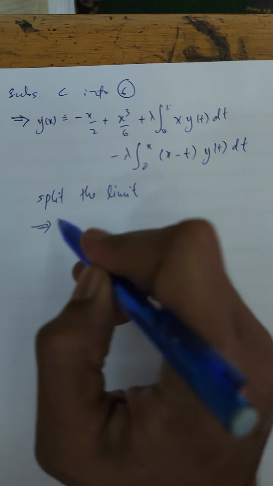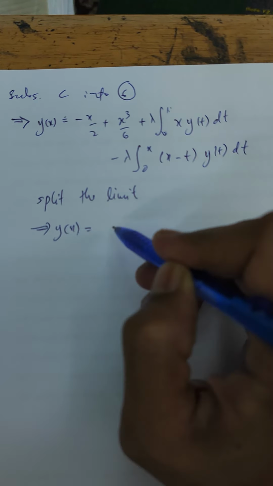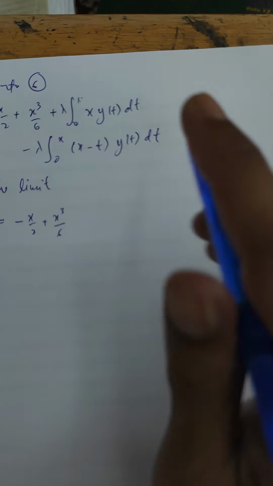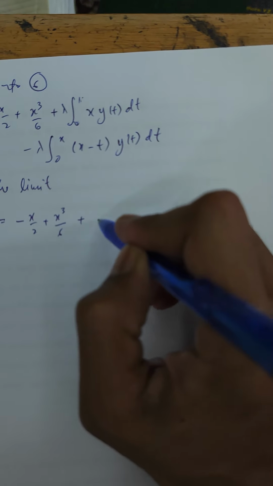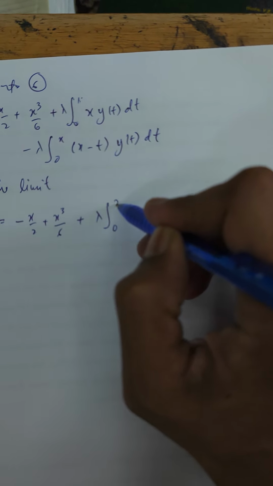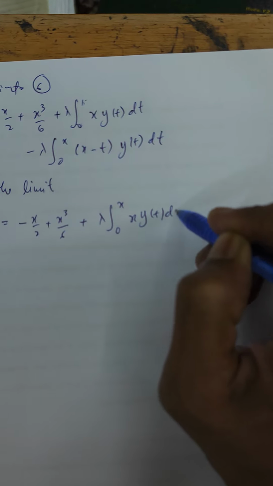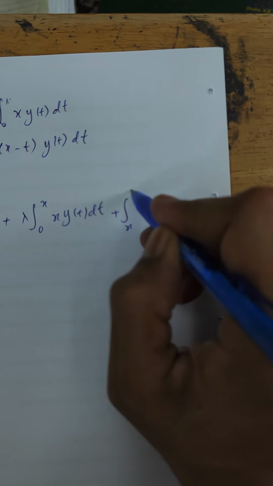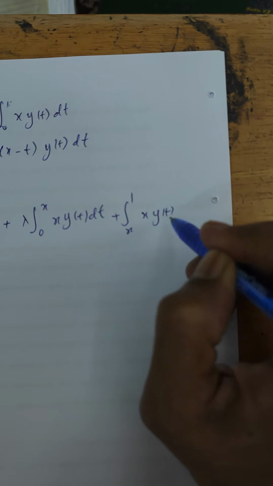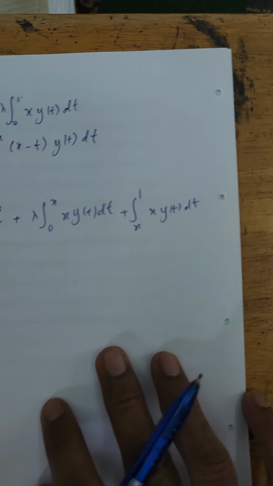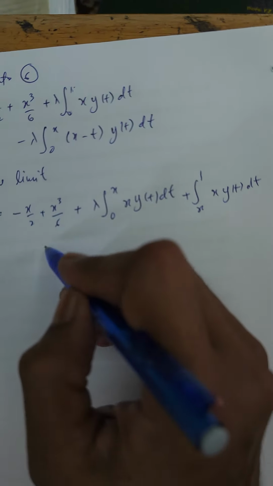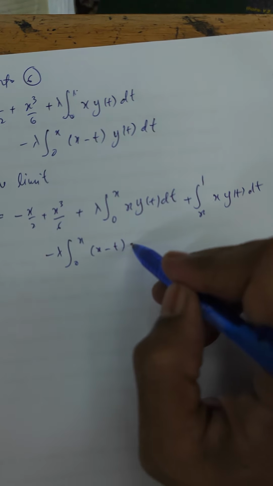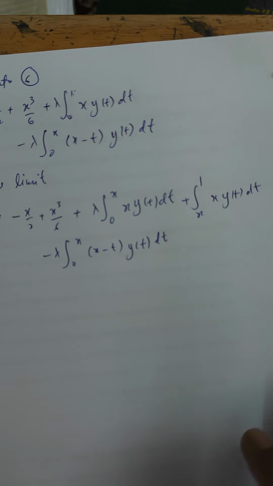We have y(x) equal to minus x over 2 plus x cubed over 6 plus lambda integral from 0 to x of t y(t) dt plus integral from x to 1 of x y(t) dt, and minus lambda integral from 0 to x of (x minus t) y(t) dt.